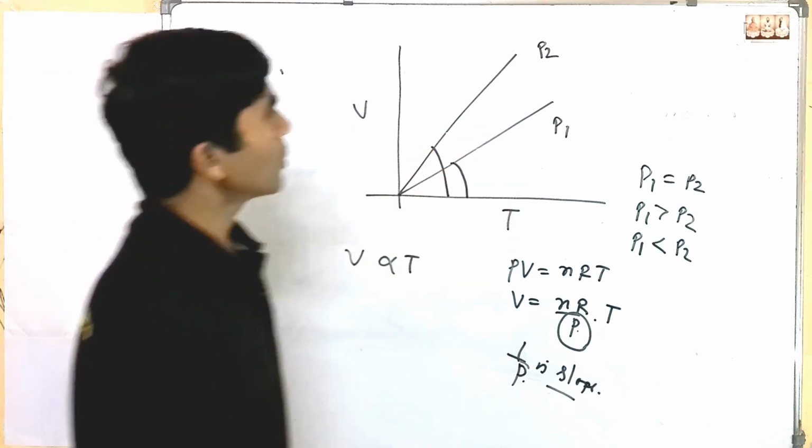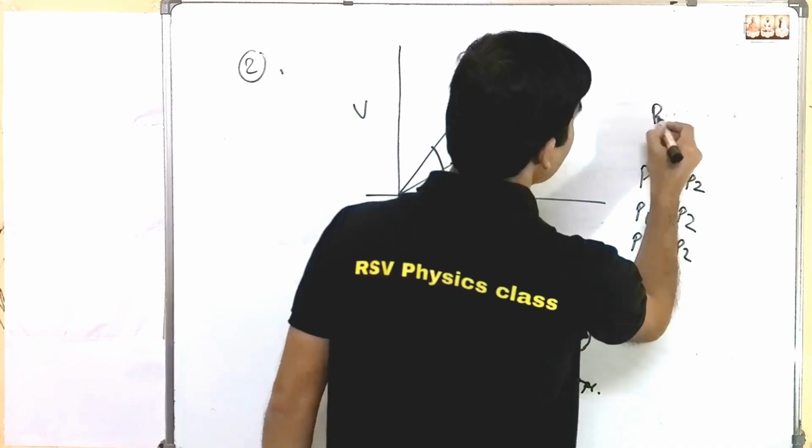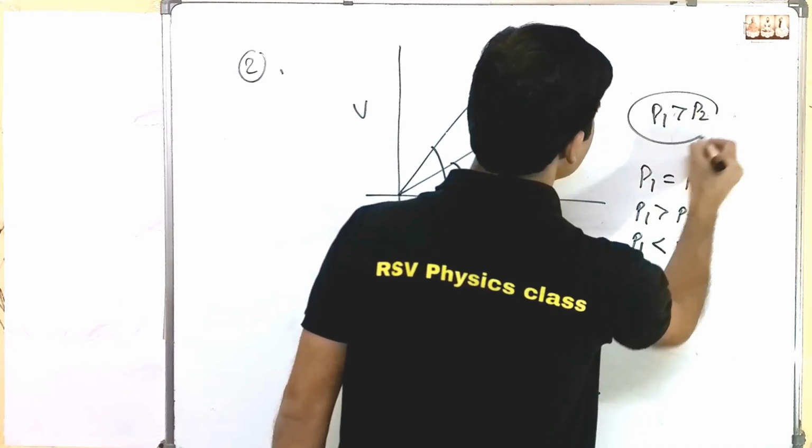So P2 is always less than P1, so P1 is greater than P2. This will be the correct answer.